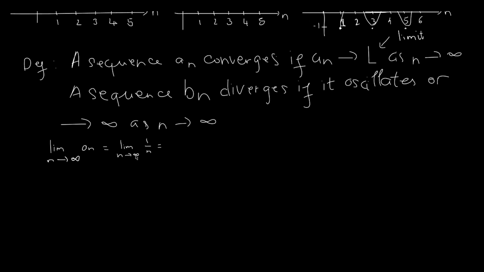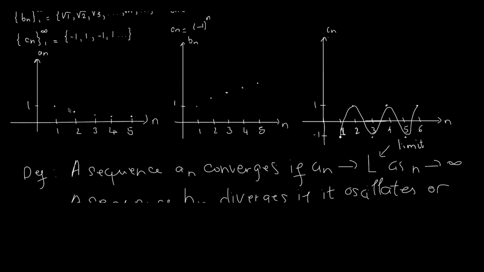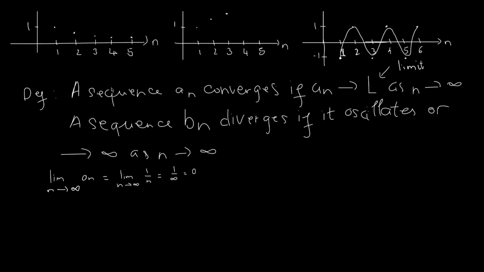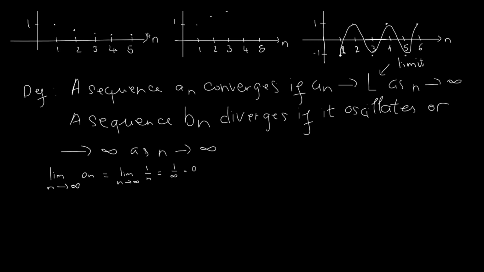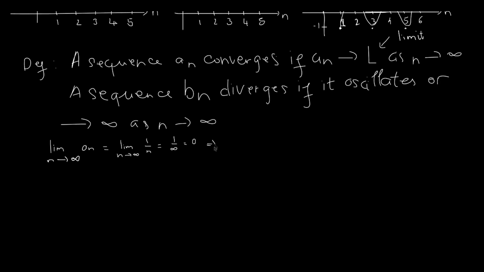So we substitute infinity for n and we get 1 over infinity. Now 1 over infinity is obviously 0. Why? Because when you divide 1 by a very large value, the larger the value is, the closer 1 over infinity is going to get to 0, which is exactly what we've seen in the graph of the sequence an. The sequence converges towards 0.